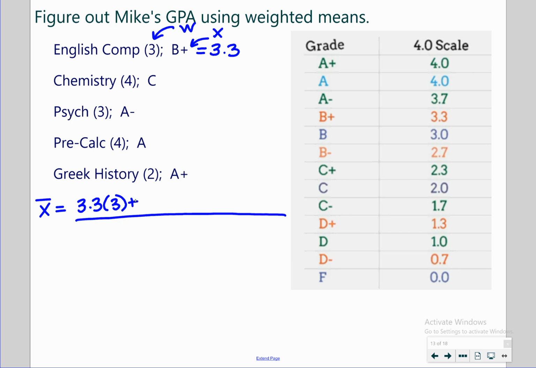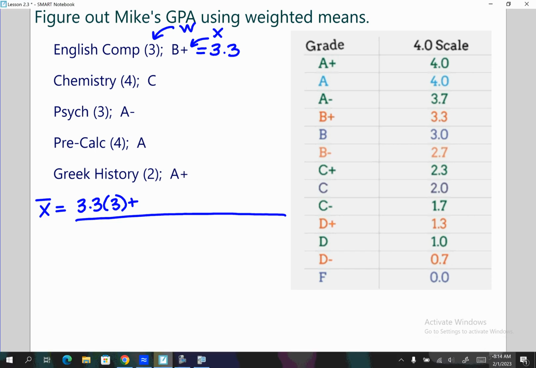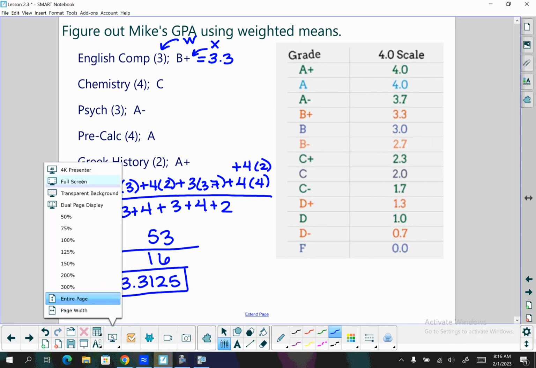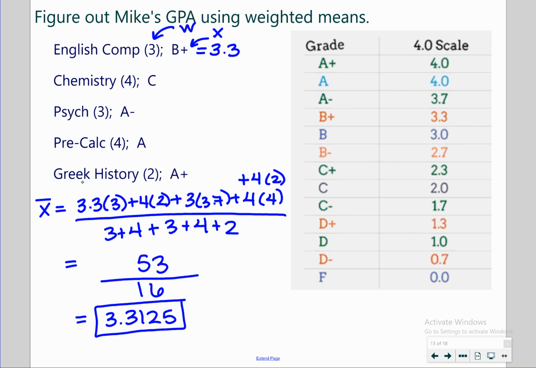Include the other 4 classes, and then remember in the denominator, we're dividing by only the sum of the weights, so the sum of his credit hours. All right, answer: 3.3125 is his GPA. You can double check your numerator and denominator there.